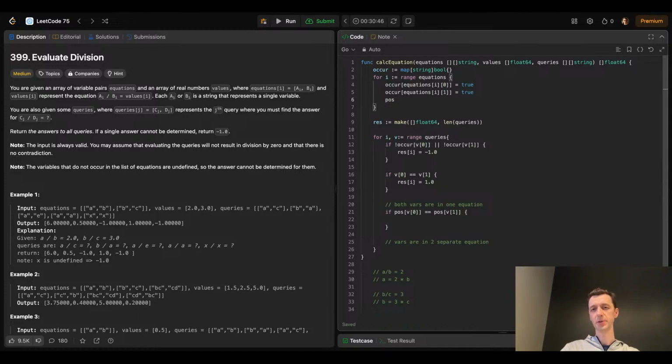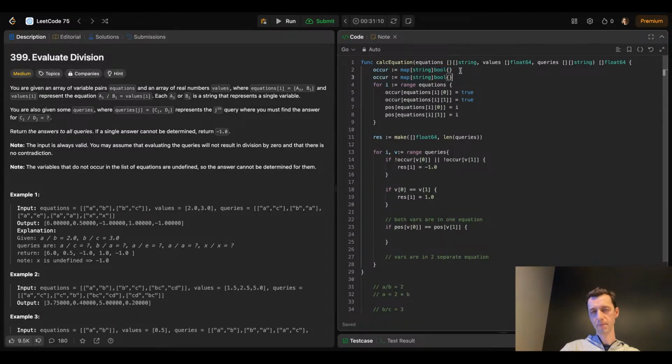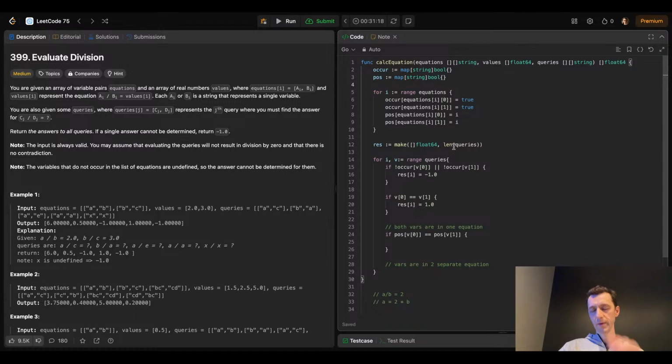Let's say the position of that is i, and the position of the other is i as well. Pretty straightforward. Yeah, we can do it in one map.